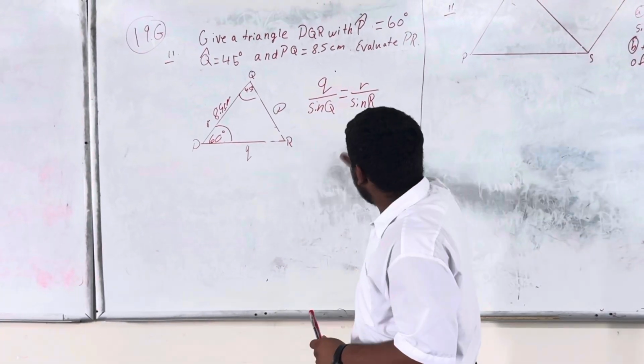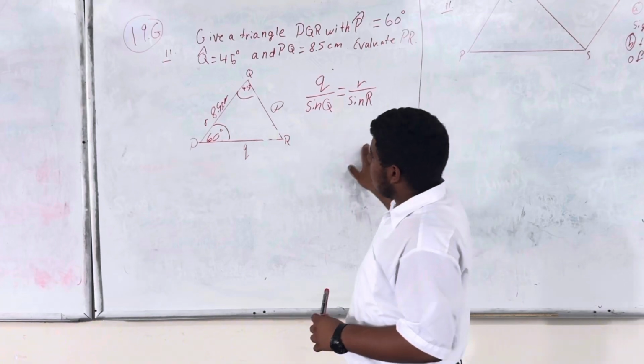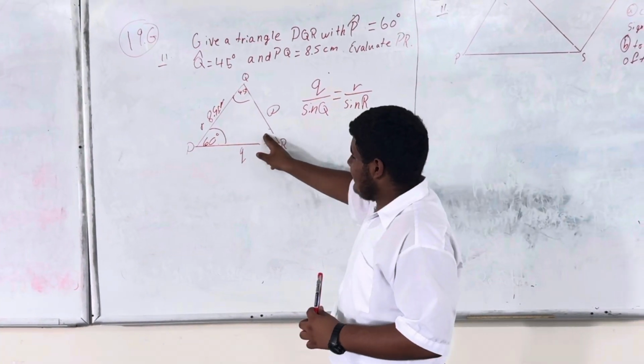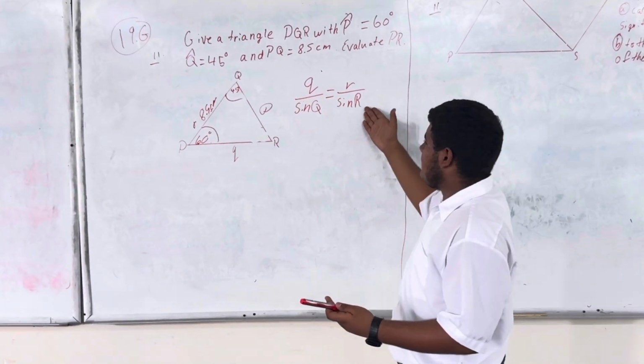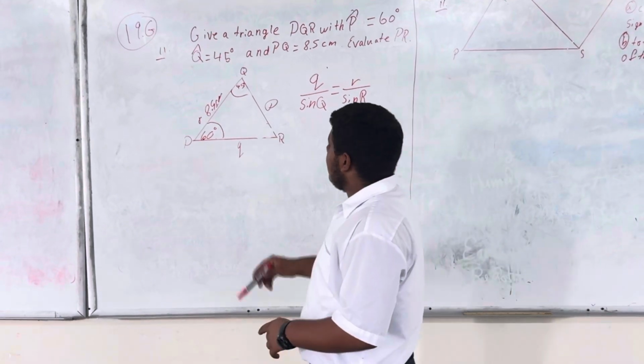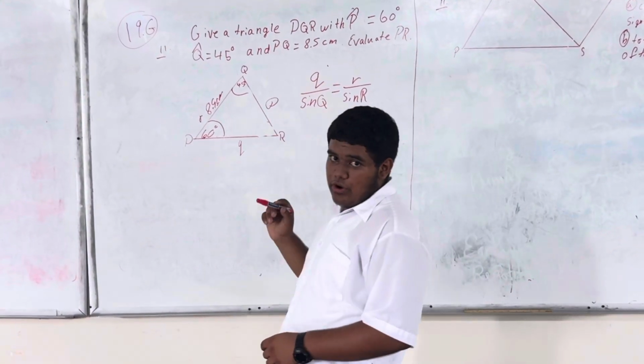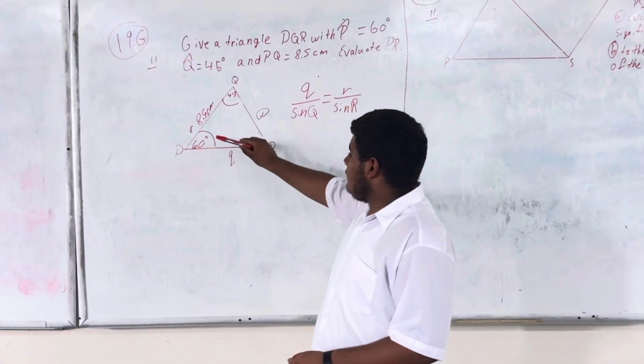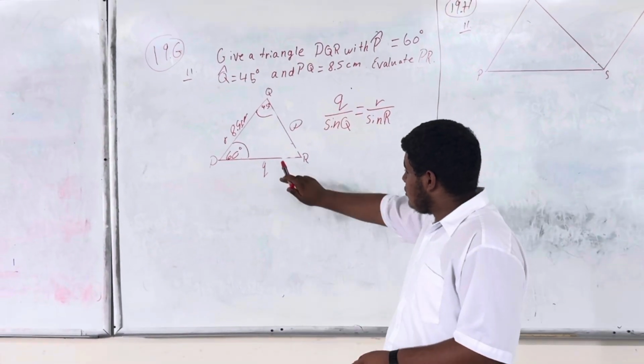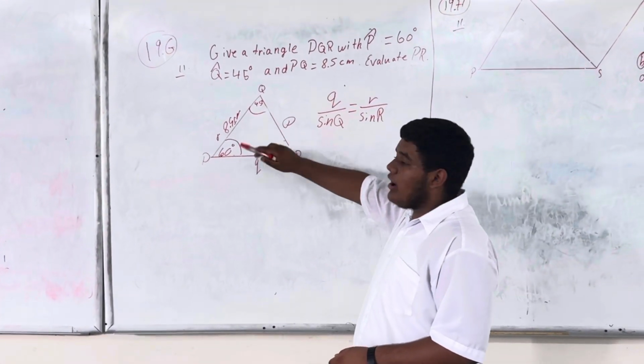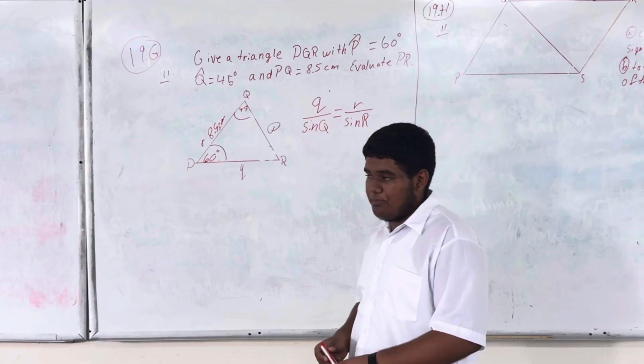And you may ask me, why do you use R? Because R has a side, but we don't have this angle. We need the angle for sine. To find that, we know that in a triangle there's 180 degrees. We have two angles, which means we can get this third angle by adding these two and subtracting from 180.